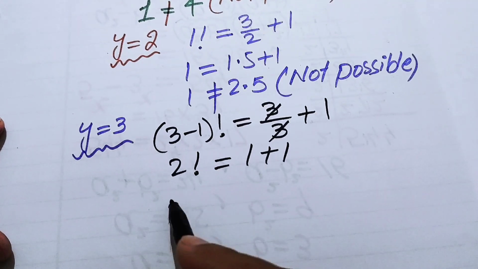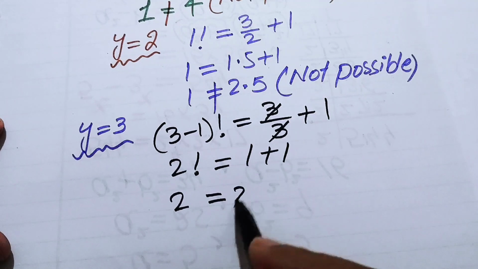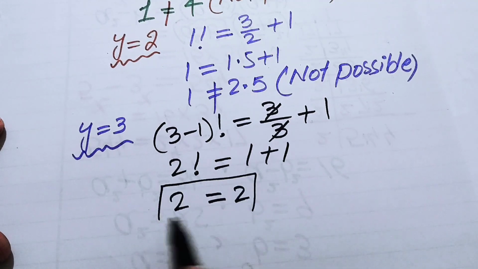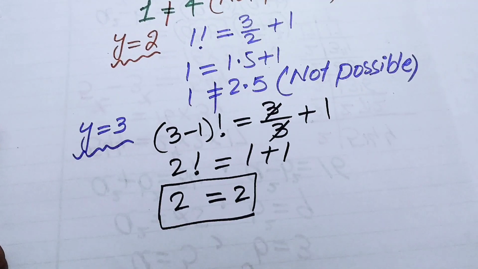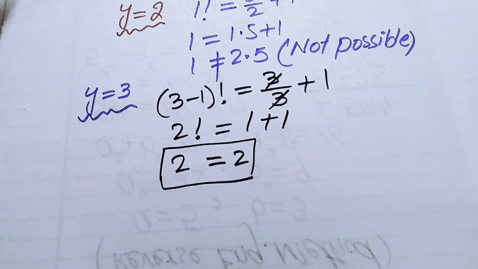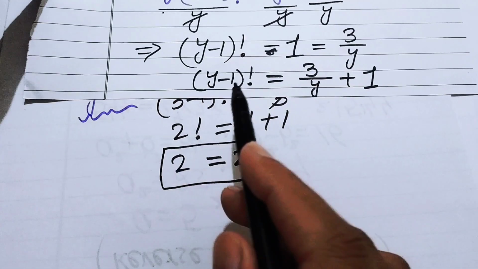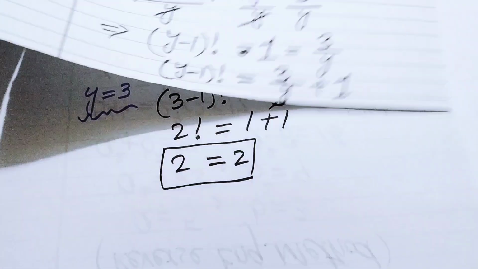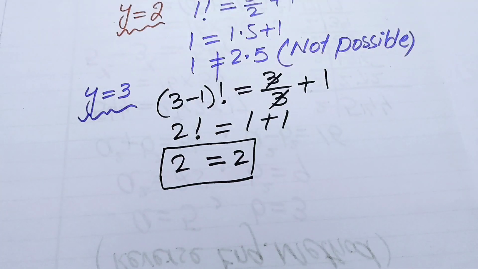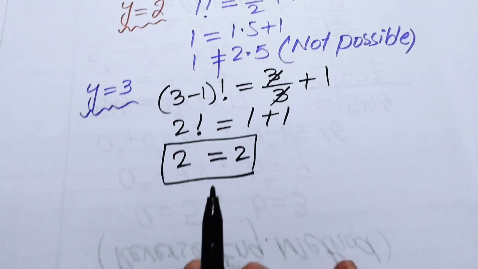And you know that 2 factorial equals 2 and 1 plus 1 equals 2. So this shows that y equals 3 satisfies this relation, so y equals 3 is the solution of the given problem.